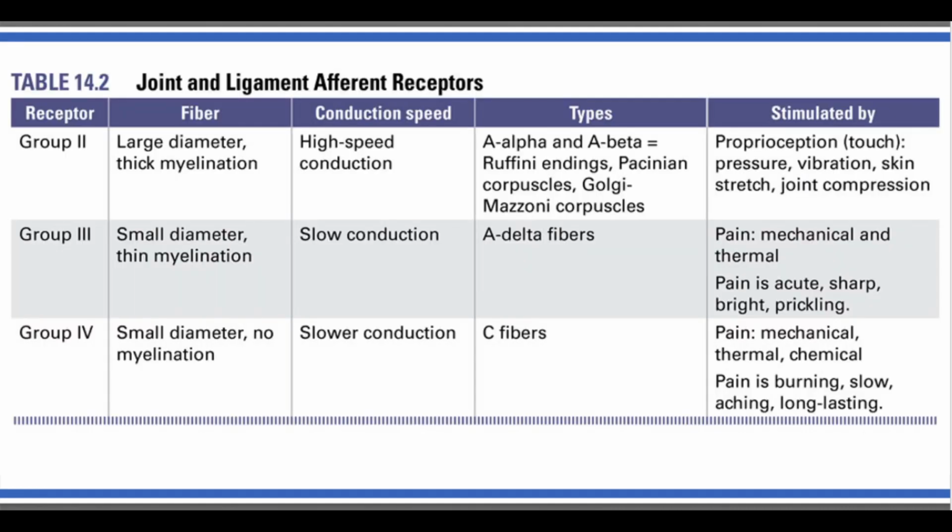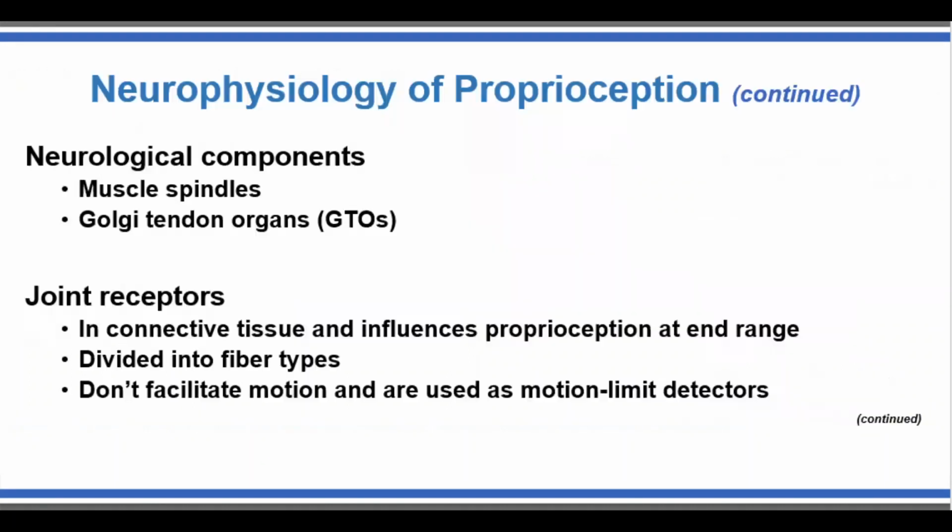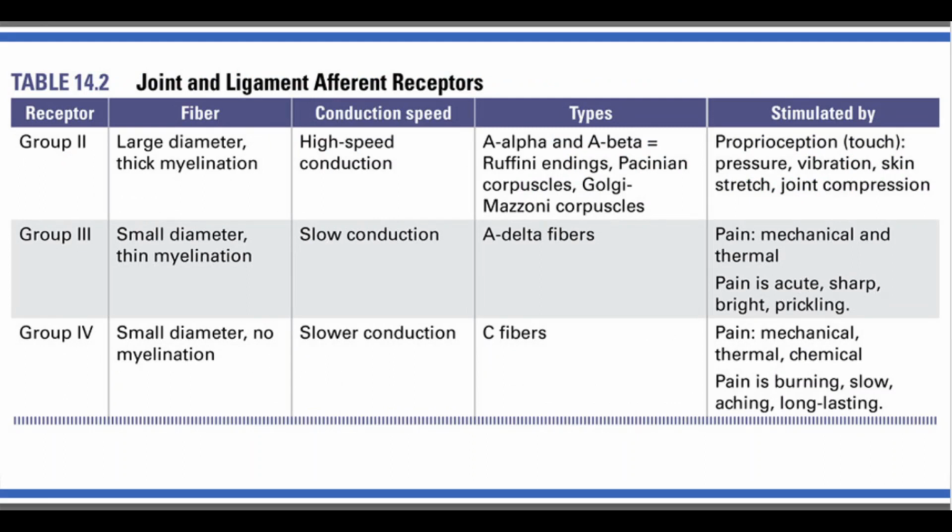And they are further classified or divided into different fiber type groupings. So you can see group 2, group 3, and group 4 highlighted in the table here. And they include both proprioceptors and also the nociceptors that sense pain.